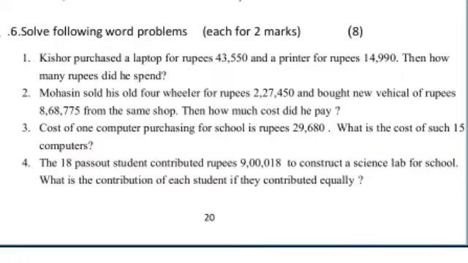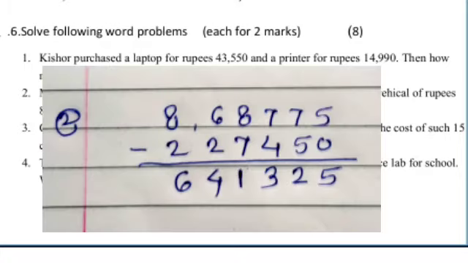Question 2. Mohsin sold his old four-wheeler for rupees 2,27,450 and bought new vehicle of rupees 8,68,775 from the same shop. Then how much cost did he pay? Here we have to do a subtraction. 8,68,775 minus 2,27,450.